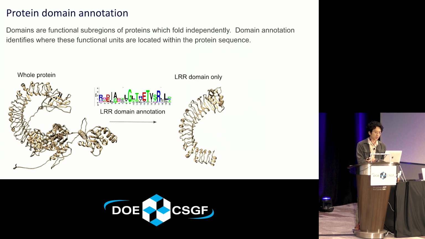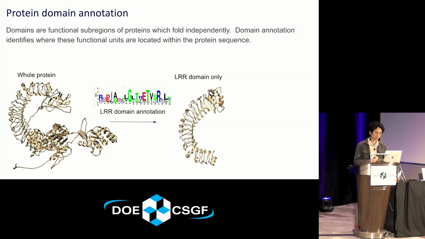The task of, in general, identifying these functional subregions of a protein is called domain annotation. In other words, you're given the whole protein sequence, such as the one shown on the left here, and the question is, how do you extract a particular subregion, such as this LRR domain shown on the right?